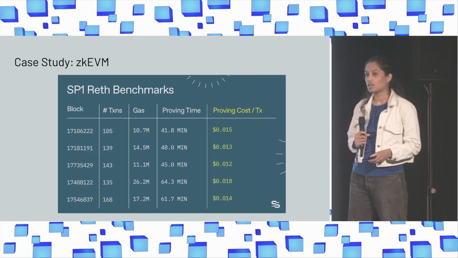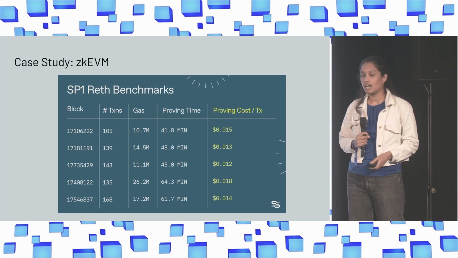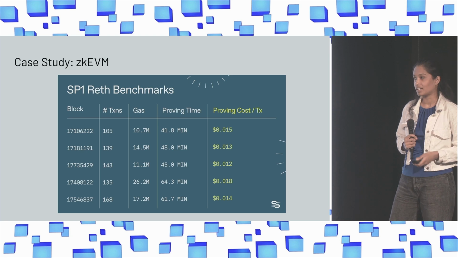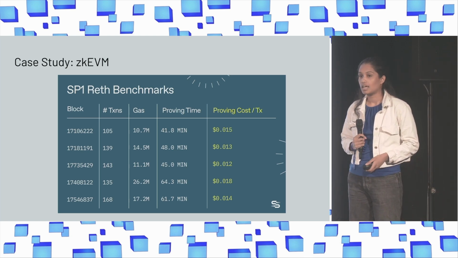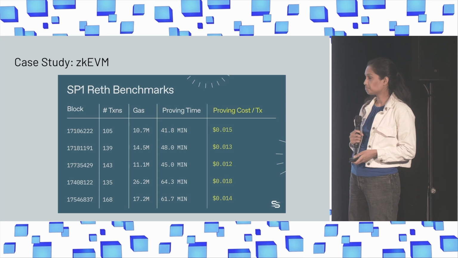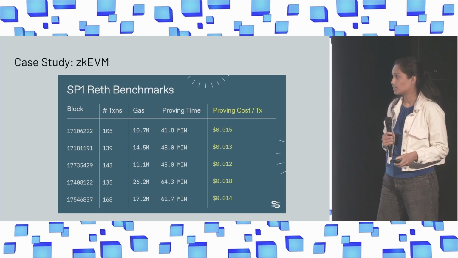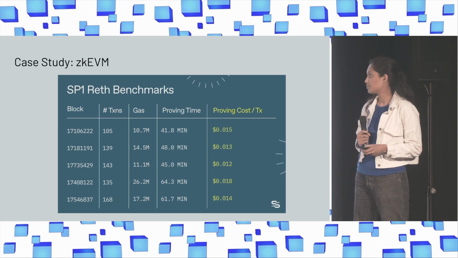And then I also want to talk about something that's very, very relevant to the modular ecosystem, which is rollups. I think the biggest use case of ZK in the next year is going to be ZK rollups, and I think all of them are going to be built with zkVMs, hopefully on SP1. So for example, we ran Reth within SP1, and we benchmarked the proving time and the proving cost.